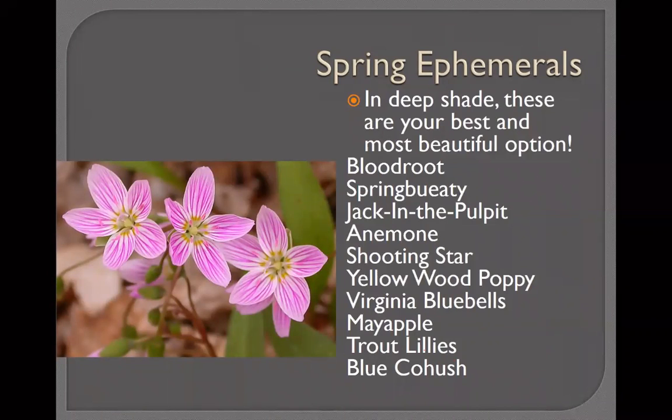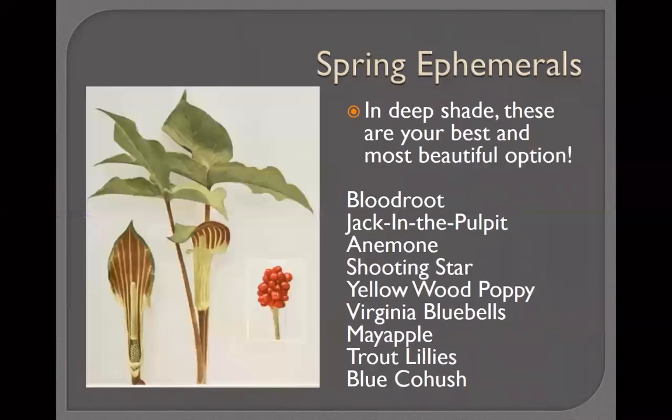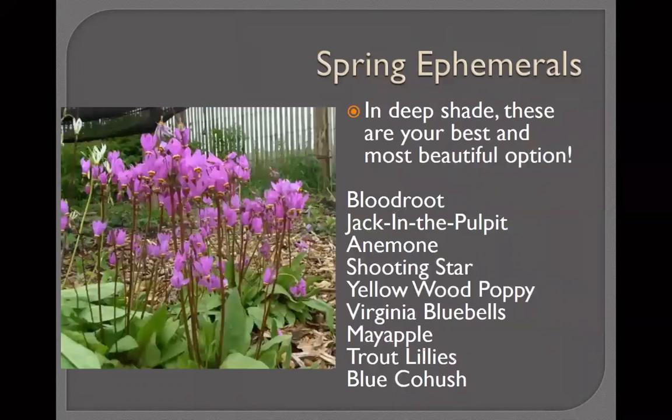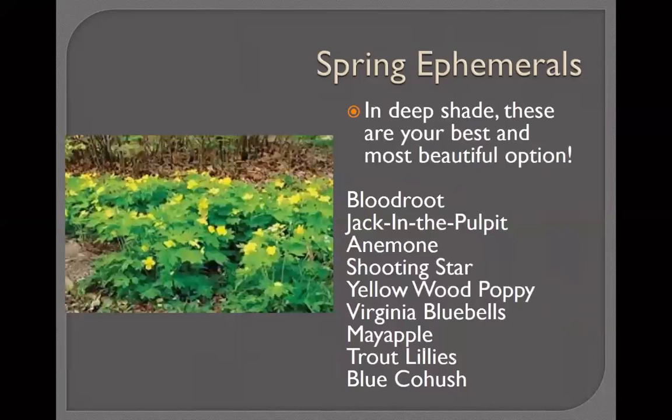So some of the spring ephemerals: bloodroot, spring beauty, jack in the pulpit, anemone, shooting star. This is jack in the pulpit. This is some of the anemones. This is a shooting star. This is the yellow wood poppy. And these are all spring ephemerals, meaning that they bloom when the canopy is open. The trees aren't leafed out, and they typically begin to go dormant in springtime as the trees are beginning to bud.